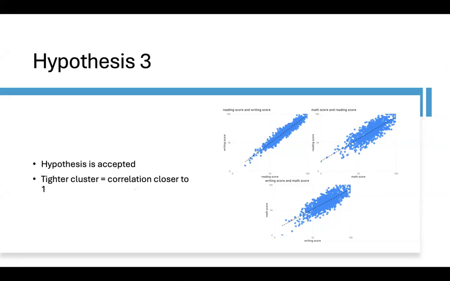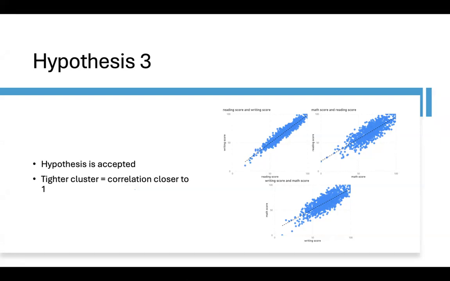So now we're seeing that writing and reading are very close to each other when it comes to scores. So maybe a child who struggles in reading will struggle in writing. So if we can get a student who's struggling in one of those to be strong in both, they will most likely be strong in the other one.